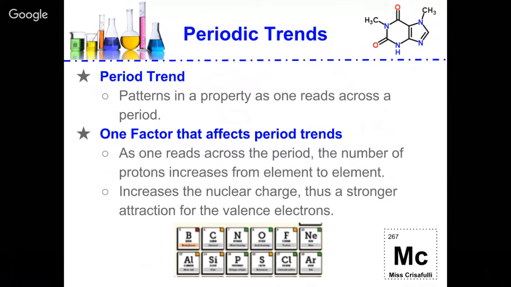But remember, as you go across adding protons, those electrons are in the same energy level, in the same ring around the nucleus. So the distance is not changing. The pull is going to be stronger because we're adding more protons, as we go from, for example, boron, which has 5, to carbon, which has 6, to nitrogen, which has 7.